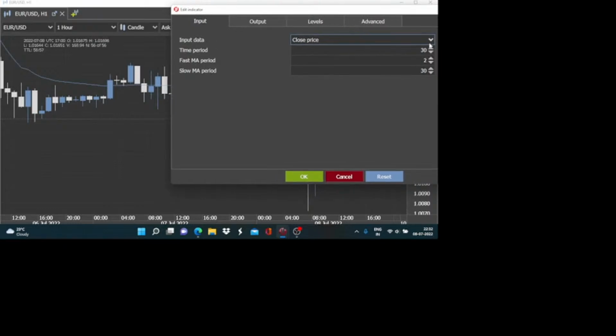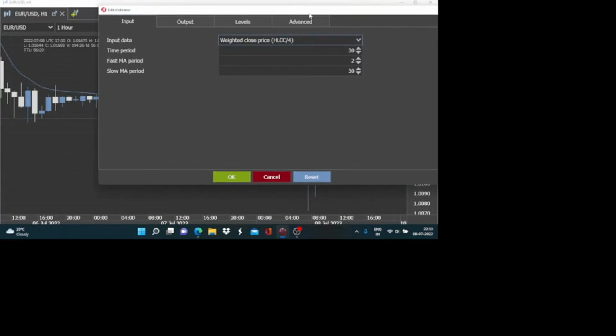If I change the applied price from close price to the low price, this plotting of the KAMA will move to the lower side. Please observe this plotting here. If now I use the high price as the applied price, then this plotting has shifted to the higher side. So all these changes can be observed depending on which kind of applied price we are using.